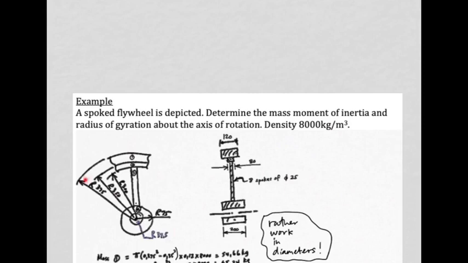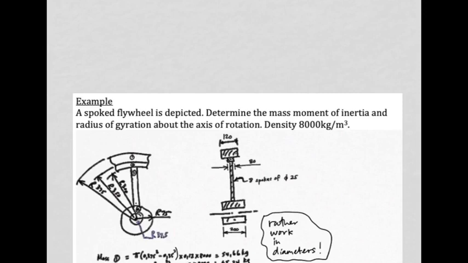Okay, so we have an outer rim, we have a slightly smaller inner rim, we have 8 spokes, 1, 2, 3, 4, 5, all the way around to 8, and we have a center boss. So there are distinct areas or pieces. The outer ring, the slightly smaller ring, that's 2, the spokes, there are 8 of those, and the boss in the middle. Okay, so as before, stop the video and make a good attempt at that.